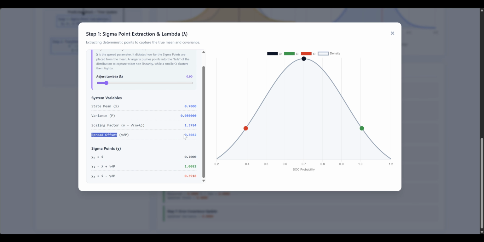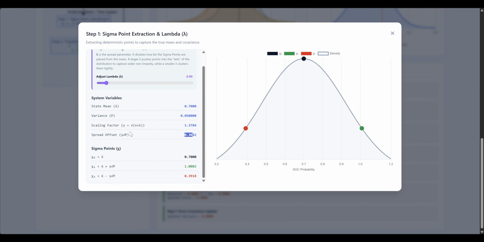The offset spread will tell you how far you will be distributing these values, which is completely dependent on the lambda. One correction over here: n is the number of states, not iterations. Here the state is 1, so that's why you are getting 1.3, and over here you are getting the value.